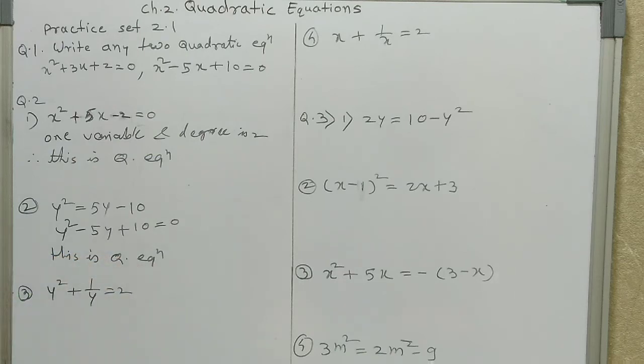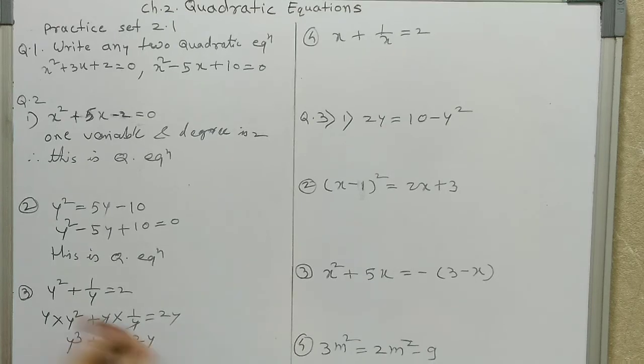Now see the third example, y square plus 1 upon y is equal to 2. Here in the denominator y, so we cancel that, multiply y on both sides of the equation. So y into y square plus y into 1 upon y is equal to 2y. So y cancels, y cube plus 1 is equal to 2y.